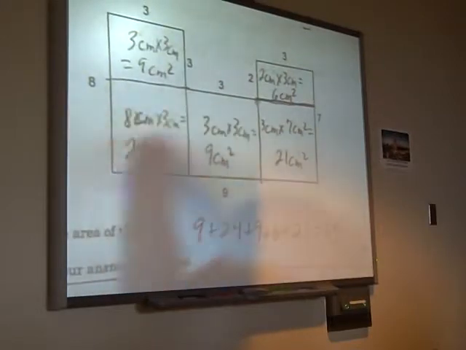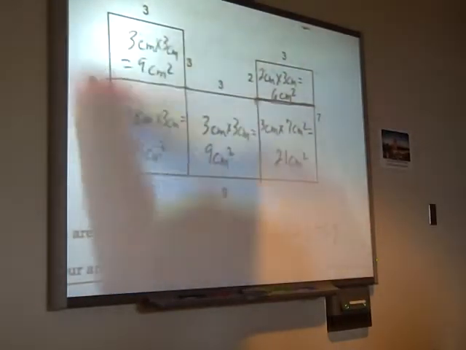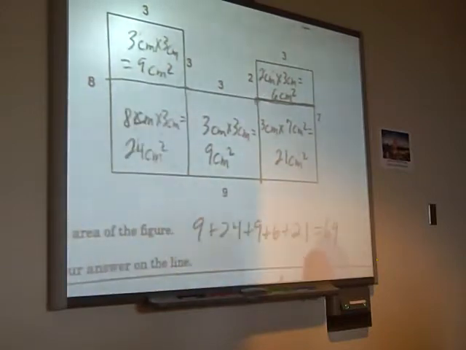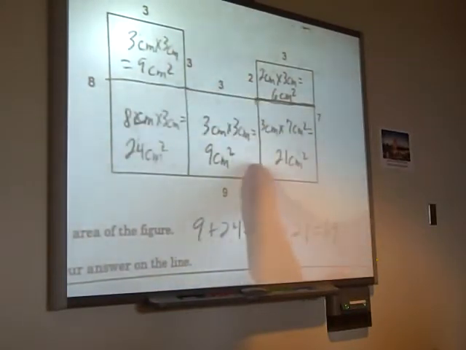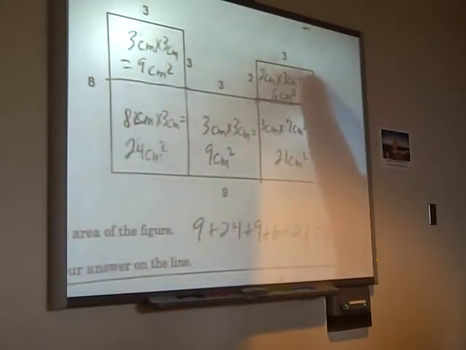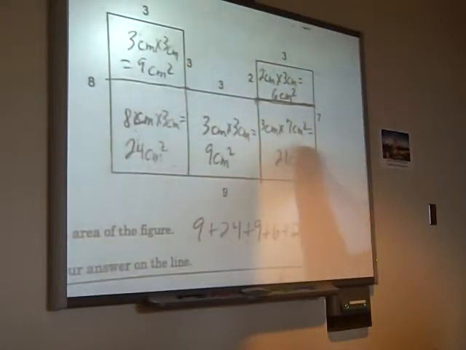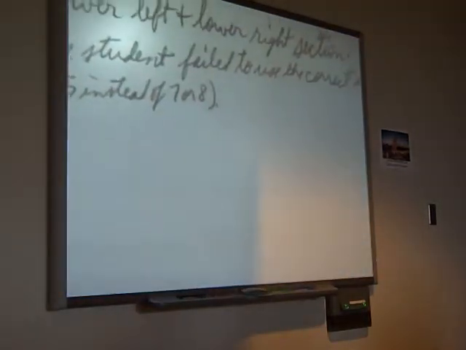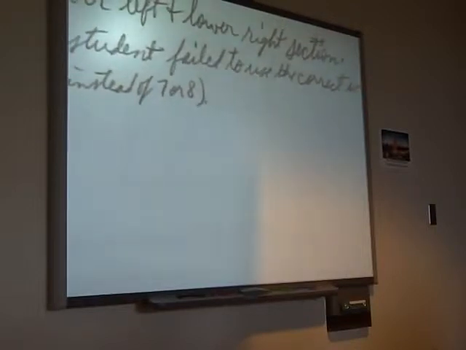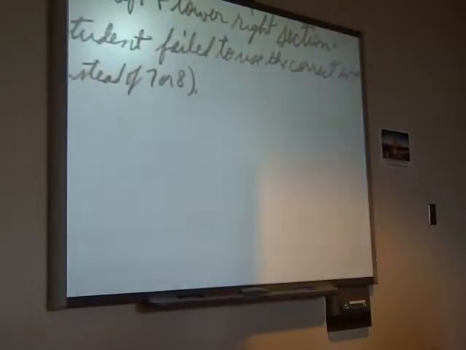They forgot to deduct, so it should be 5. And then this is 3 times 3, and this is 2 times 3, and this they did 3 times 7, so that looks right. So, they just miscalculated on 2 sections, the lower left and the lower right. They had a good strategy going.